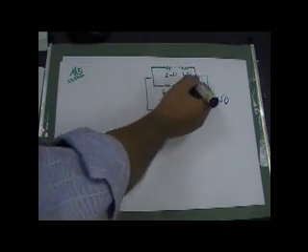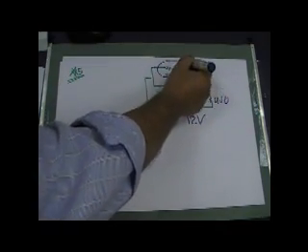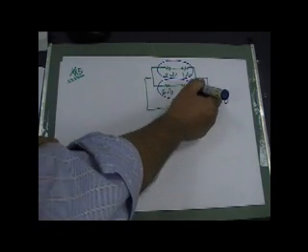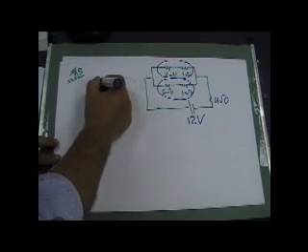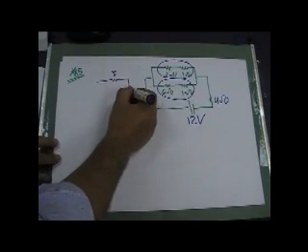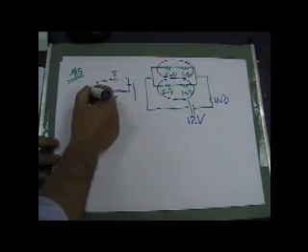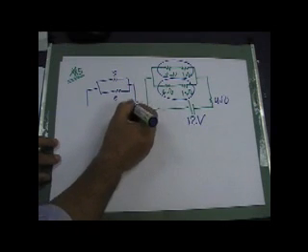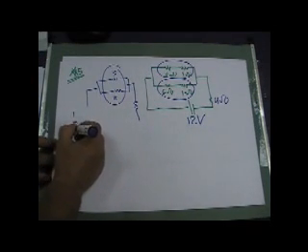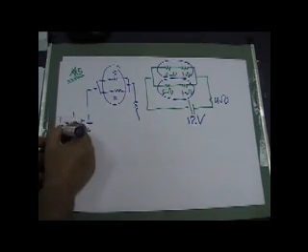That's very simple. All I have to do is combine these two in series. So these will be 3, and these guys will be 6. Then I combine these in parallel, so 1 over 3 plus 1 over 6 is 1 over R equivalent.